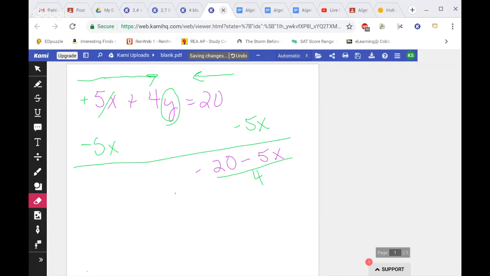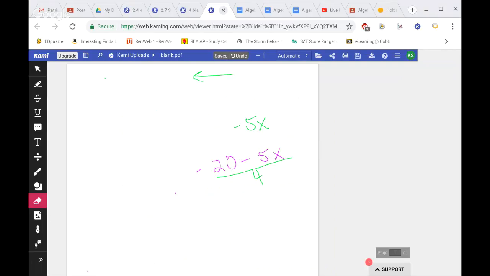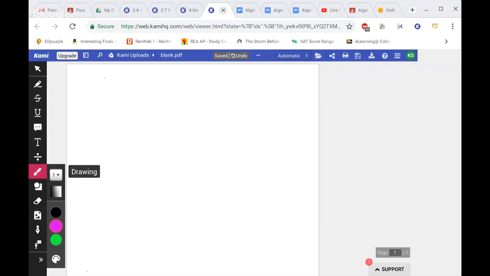Sure. It's just more practice of watching somebody take a literal equation and be able to solve it for any variable. And that's the whole principle behind this, is just that practice of unpacking.